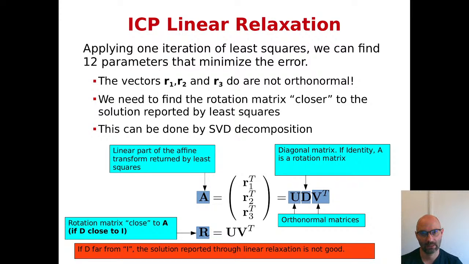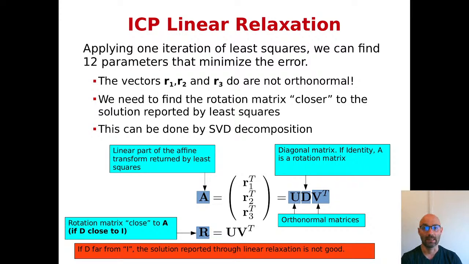Multiplied means dot product. Another consideration is that if there were no noise, and if I have enough points, the solution returned by linear relaxation will be a rotation matrix, because that transform could be explained perfectly with a rotation matrix.